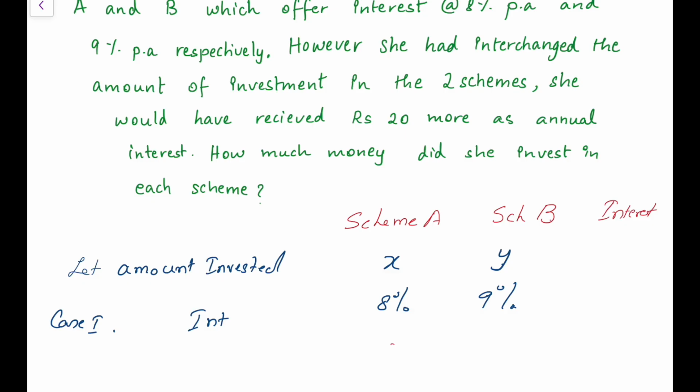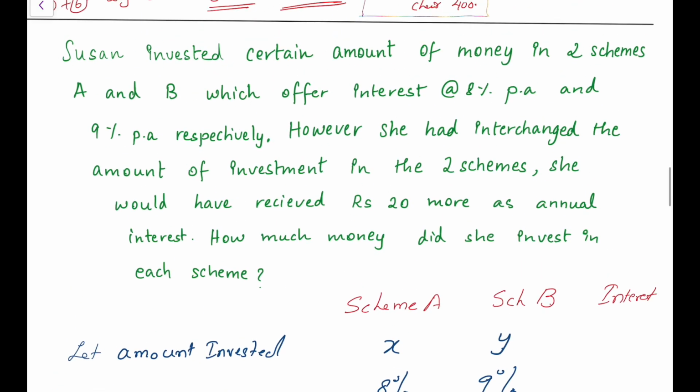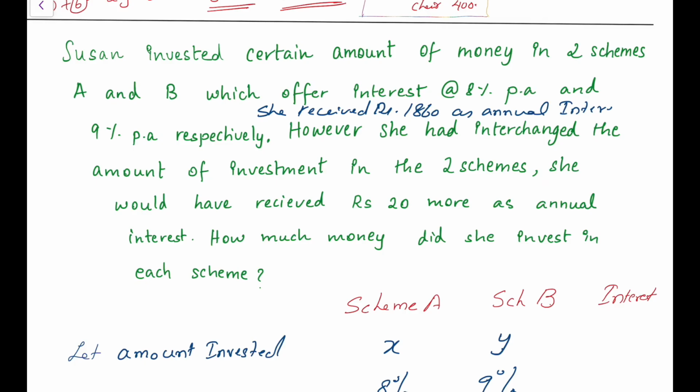She would have received rupees 20 more as annual interest. Sorry, I have missed writing those steps. So she received rupees 1860 as annual interest.